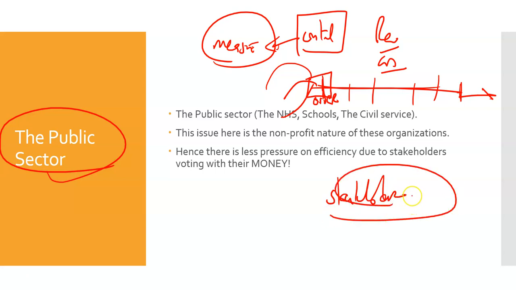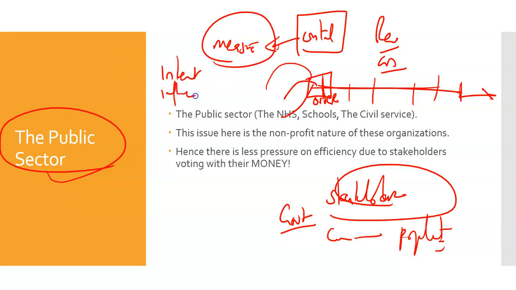The key stakeholders have been the government and the community, the population they serve, as opposed to the private sector, where you have shareholders investing money, who you could place on the Mendelow matrix. They have high interest and high influence, so you're very aware of who they are and you're always trying to please them. Because they judge you based on your profit, there's a greater likelihood of being cost efficient, as opposed to the public sector, which is a bit more relaxed in that regard.